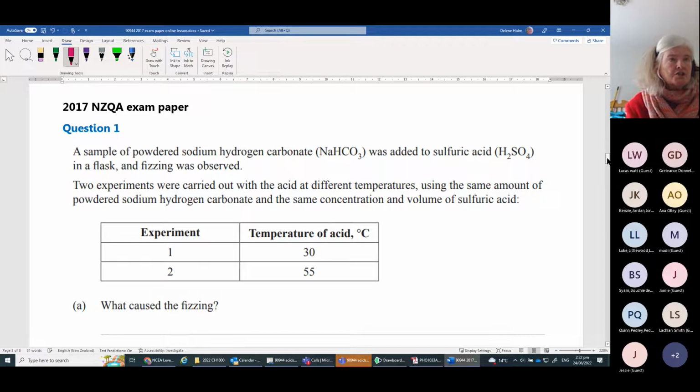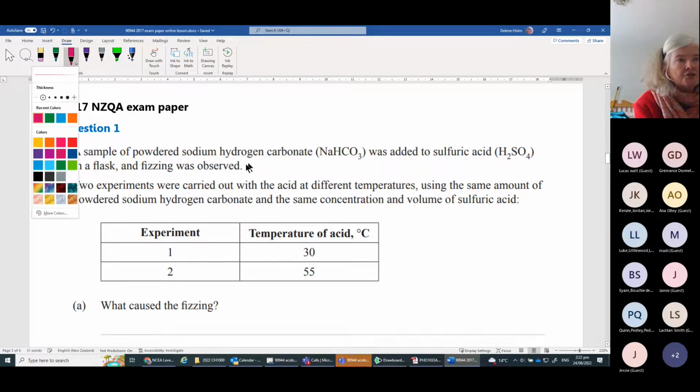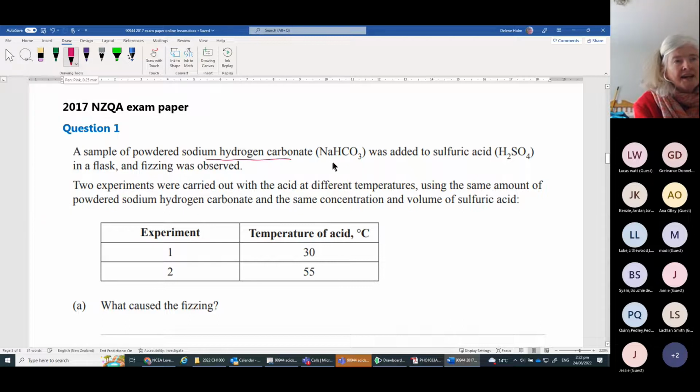So here we've got, and notice, for instance, we've got our sodium hydrogen carbonate, and they give you the formula in this case. And can you see there's sulfuric acid, and they give you the formula. So make sure when you're writing the word equation, you use the words, and if you're writing the symbol equation, you use the symbols. And they say, right, we've got different temperatures.